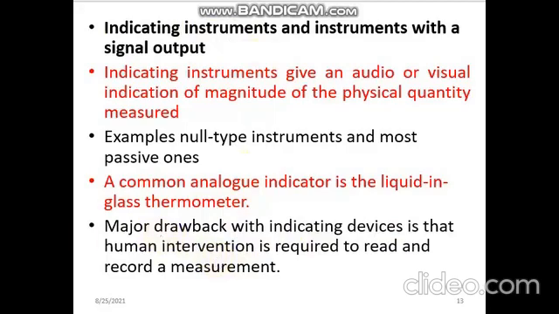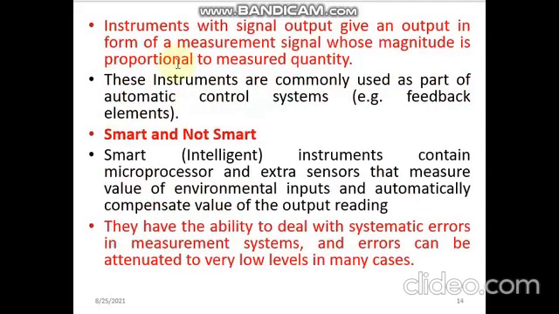But in the signal output type of instrument, the reading taken is not going to be displayed on anything, or produce any sound. Rather, it will be used as a part of another system that will be controlling something. Whenever the reading changes, the signal is delivered to the system being controlled.